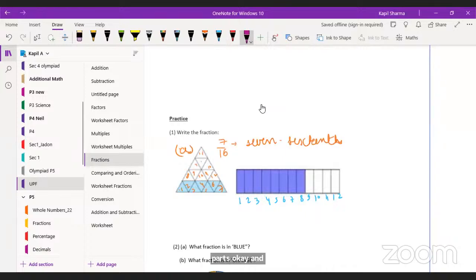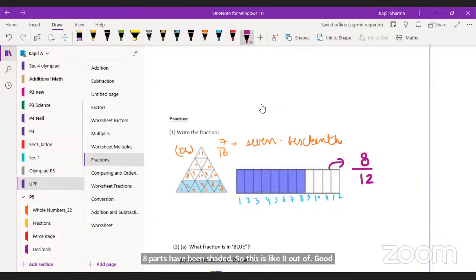8 parts have been shaded. So this is like 8 out of 12. Okay. 8 upon 12 or 8 over 12.